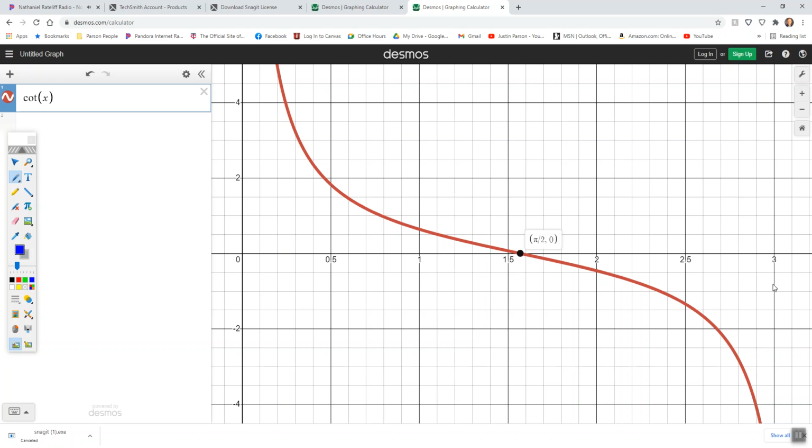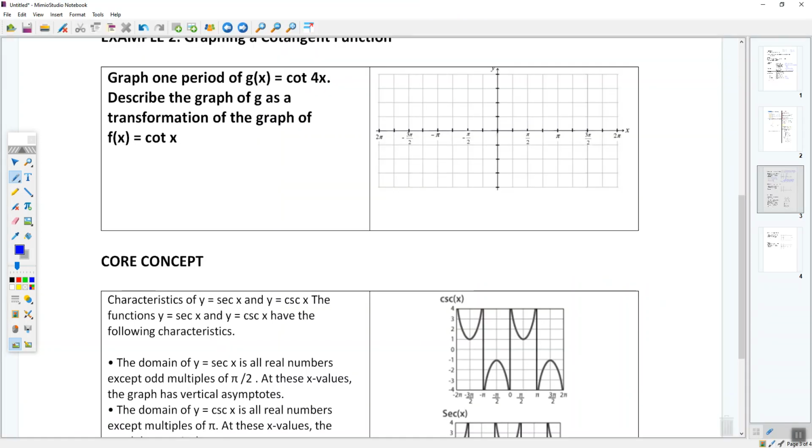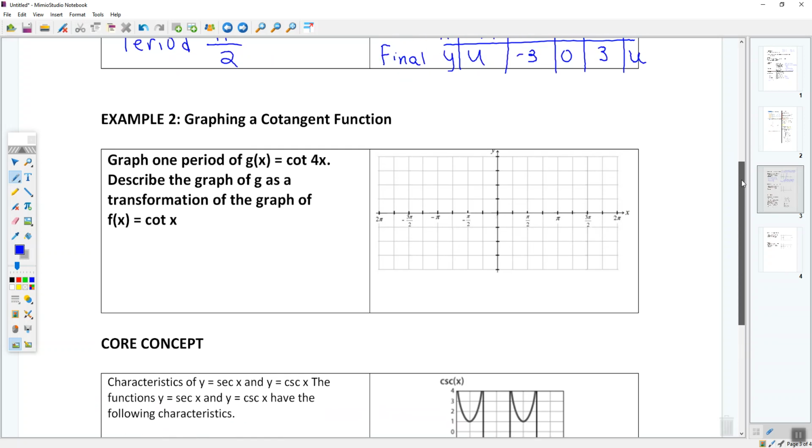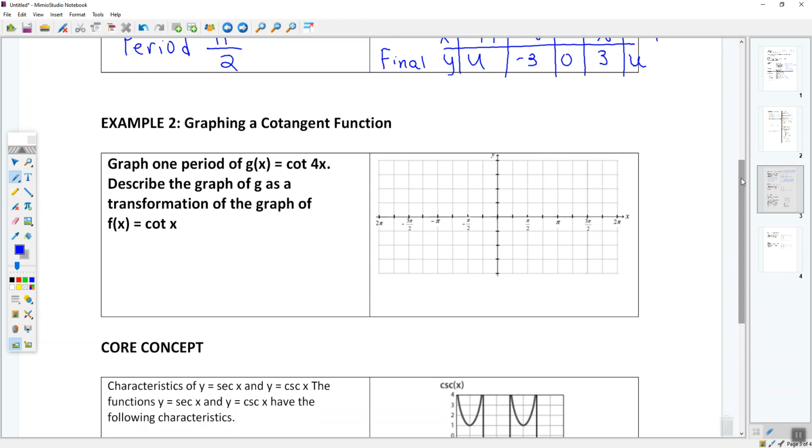So the 5 values I want you to use for cotangent are the following. Are you ready? Let's get them established. I need your unit circle out, friends. Cotangent says the following. These are your 5 starters right here for cotangent. I want you to start at 0.